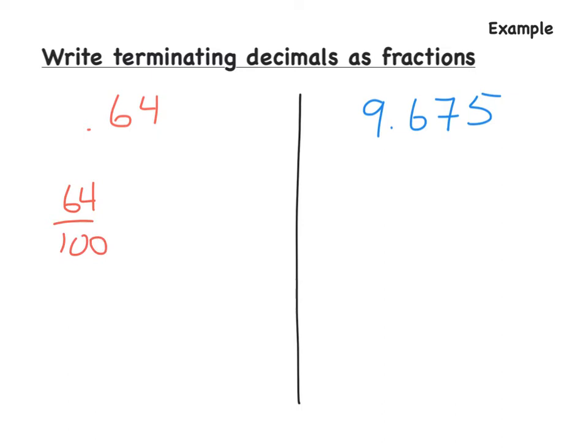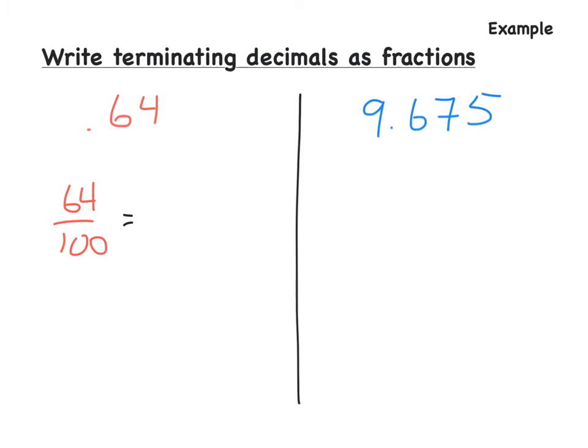What also might help, as a little shortcut, if it helps you remember, there are two numbers past the decimal point, so you're going to need 2 zeros in the denominator. So this is 64 over 100. This is not the final answer. Remember, you must simplify it.